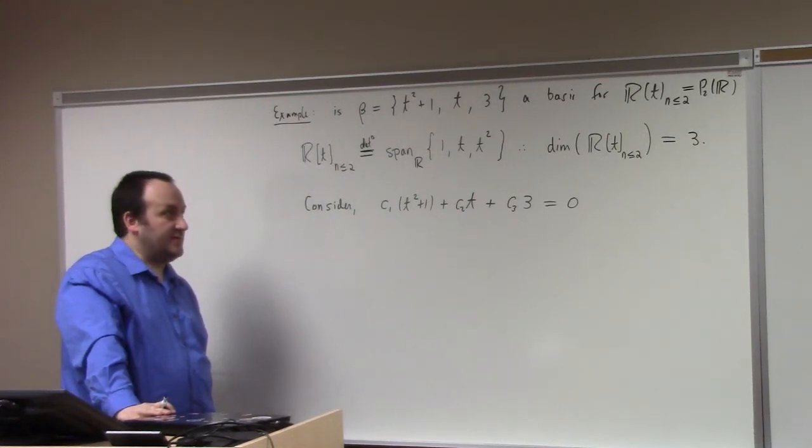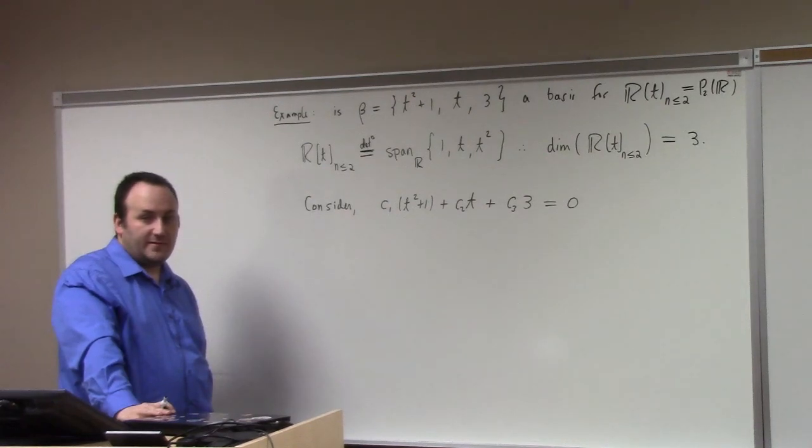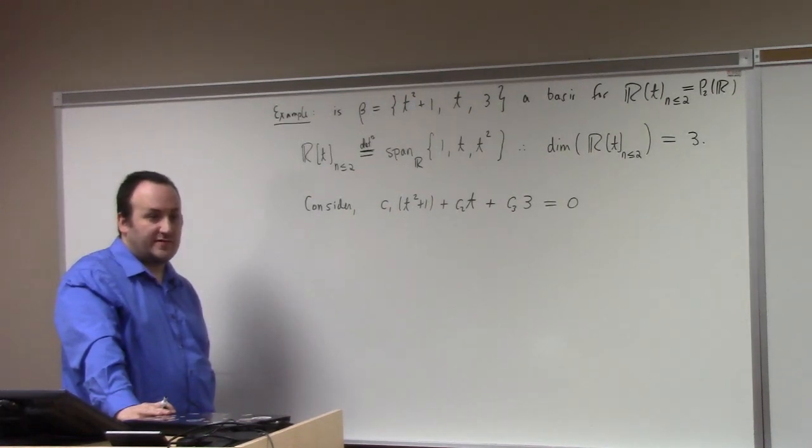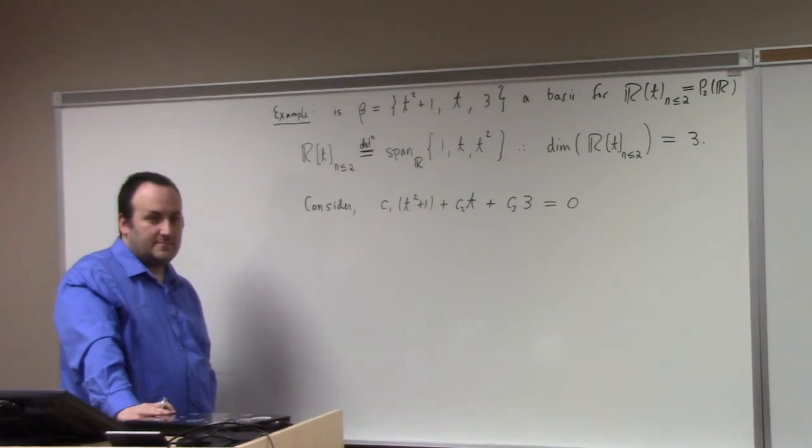That shows that beta is linearly independent, right? Therefore, it's a basis by the last proposition I stated in the notes. Because we have dimension 3, so if we have a linearly independent set of 3 vectors, it automatically spans, right?